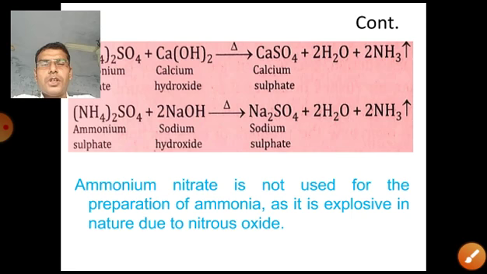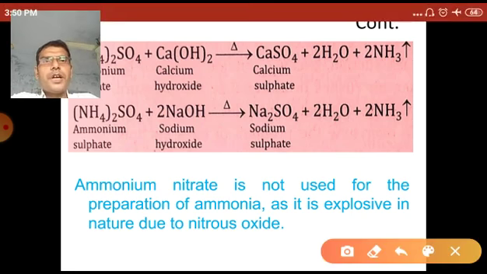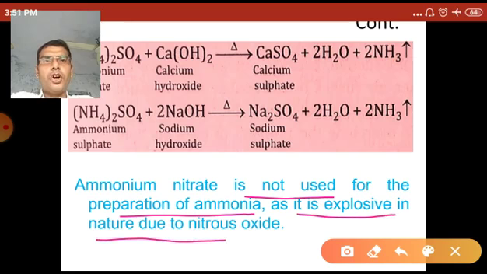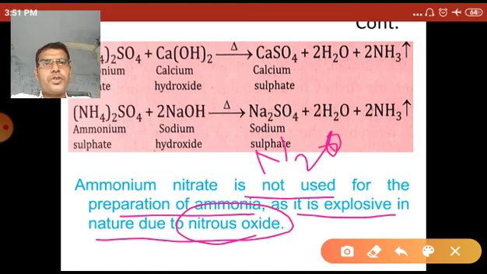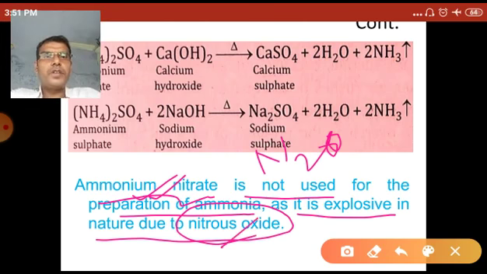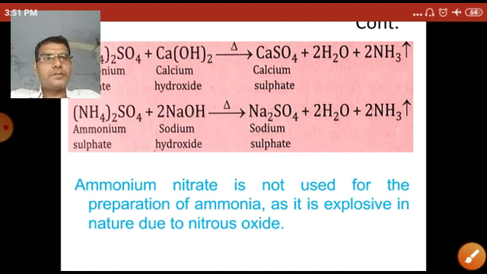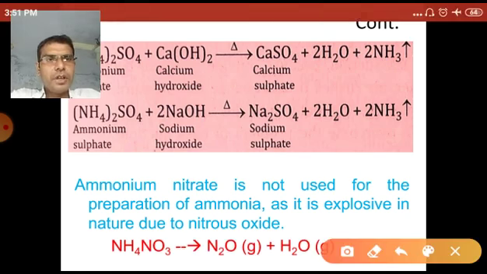But there is one exception: ammonium nitrate is not used for the preparation of ammonia because it becomes explosive due to the formation of nitrous oxide, N2O.